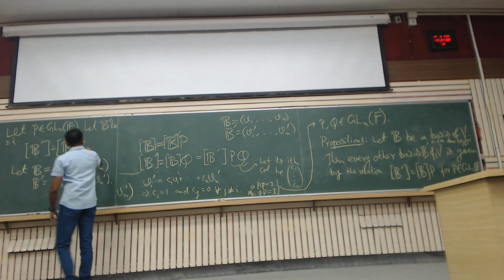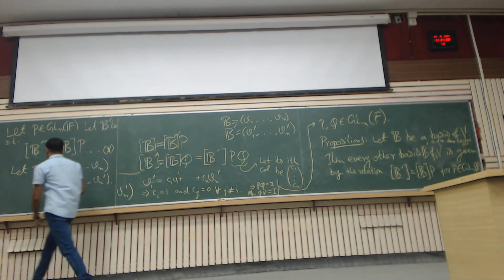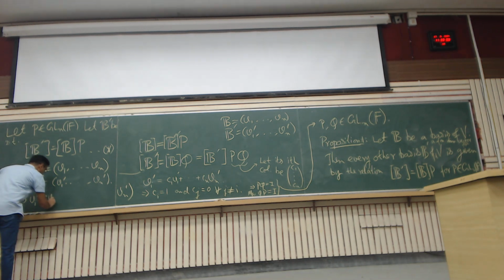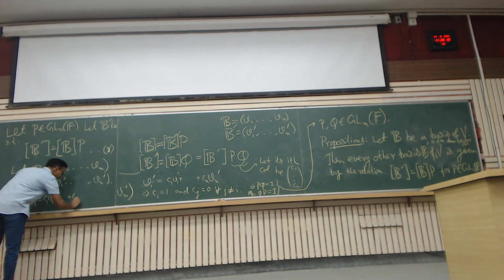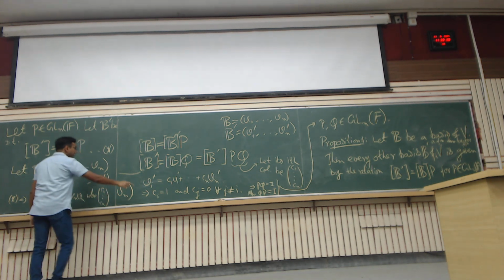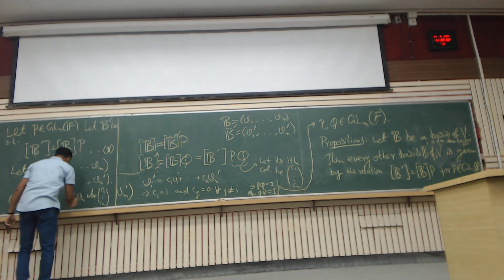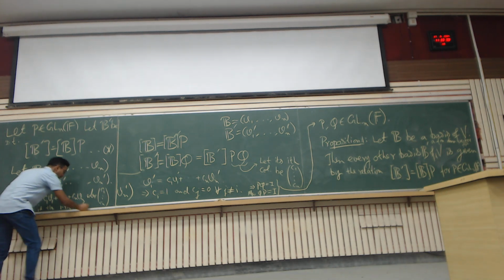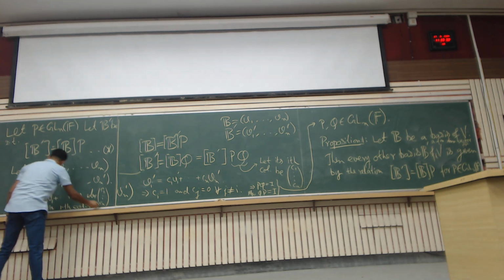Then these relations star imply that some vi prime is a linear combination c1 v1 plus dot dot dot cn vn, where c1 to cn is the ith column of P, as we just did here on the right.